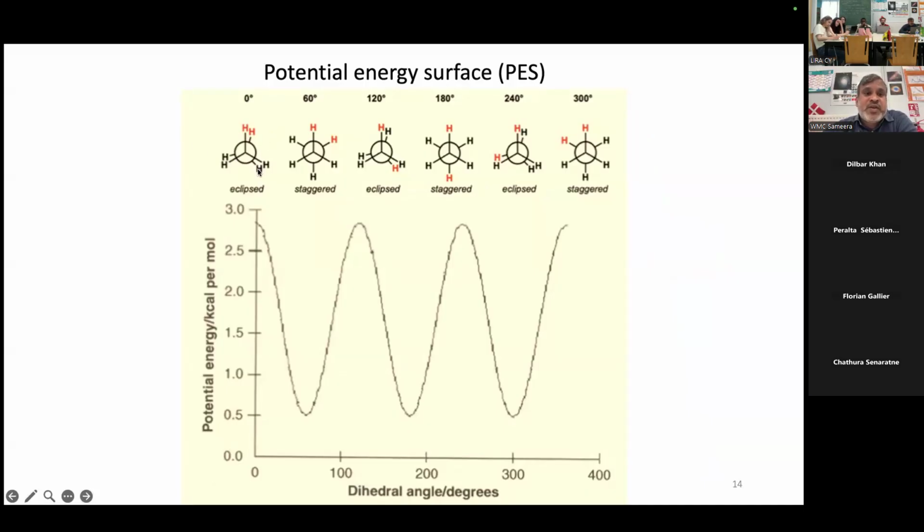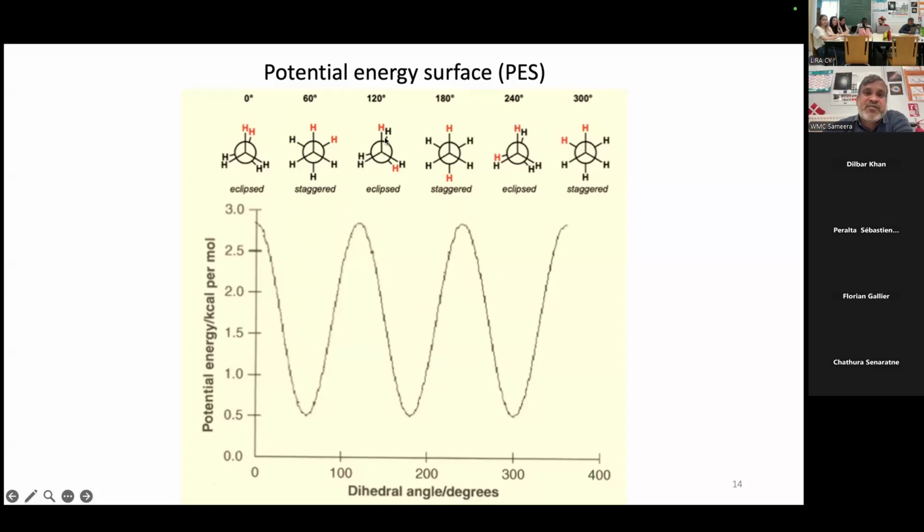Here I am showing the potential energy surface for the carbon-carbon bond rotation of the ethane molecule. And the ethane molecule has two different conformations, and in one conformation you see the hydrogens are very close to each other, and in the other conformation the hydrogens are a little bit farther. So if you come into this conformation, the energy of that conformation is relatively lower.